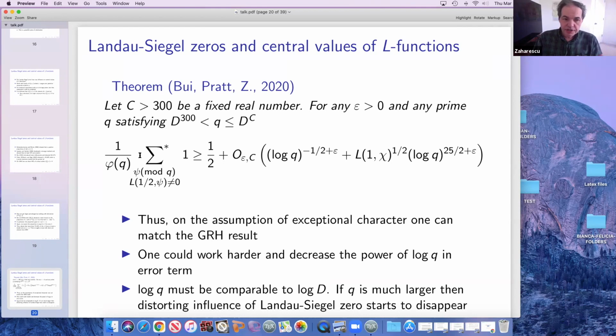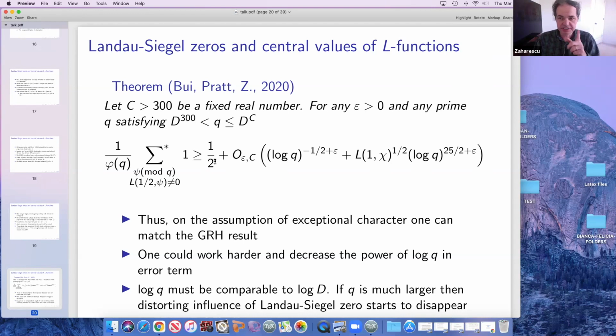We count here all the primitive characters, those for which the central value is not 0, divided by the total number of characters. And we show that this is larger than or equal to 1/2.